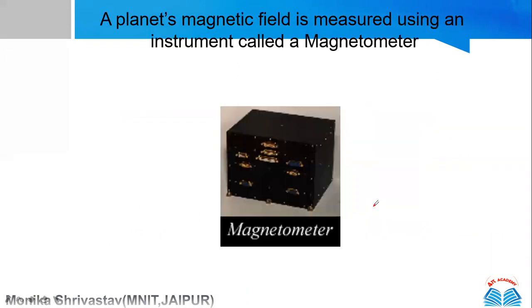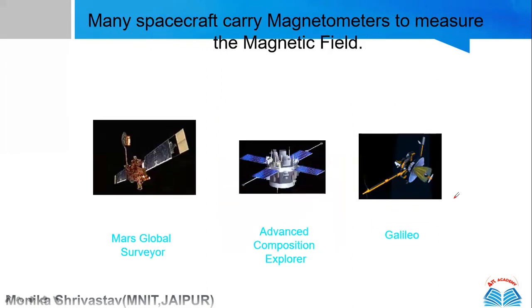So how can we measure any planet's magnetic field? That instrument is called a magnetometer. So this is your magnetometer, a great discovery. Many spacecraft also carry magnetometers with them to measure the magnetic field.